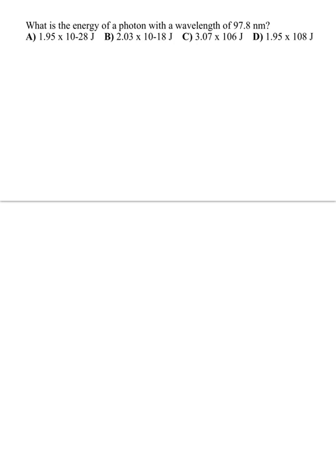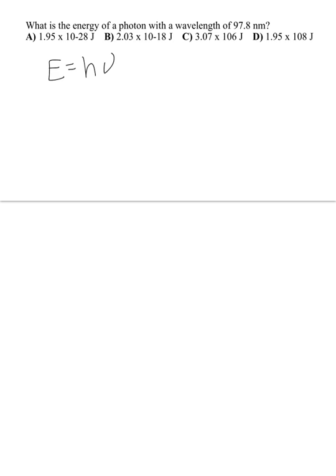Okay, the first problem: what is the energy of a photon with a wavelength of 97.8 nanometers? The first thing you're going to have to do is use the formula E equals h nu, where nu is the frequency.